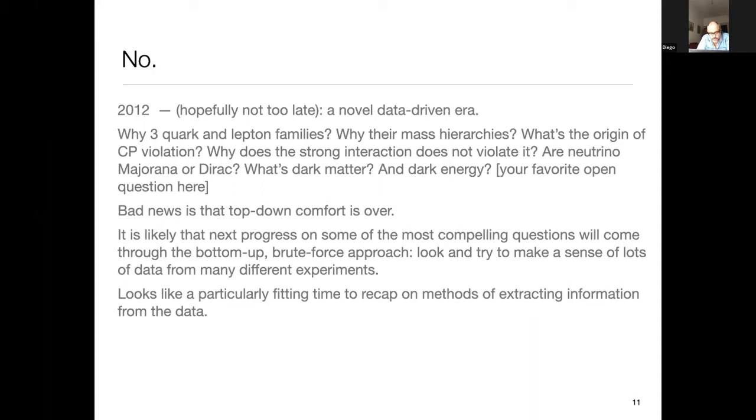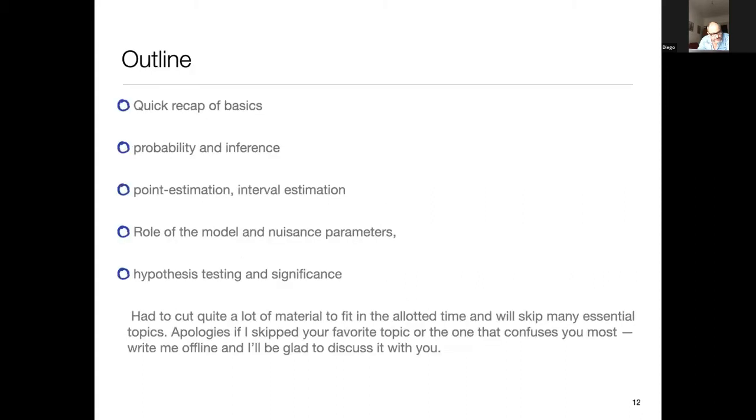We need guidance from the data, and in this situation, it is perhaps even more important to understand how to better handle our data in order to make the most out of them. And that's why statistics, I think, is an important tool here, and somehow this is a further motivation for that.